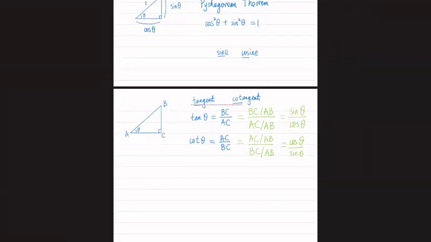So very often we will use this as a definition of tangent. This is a geometric meaning of tangent. It's the ratio, and this is the definition.